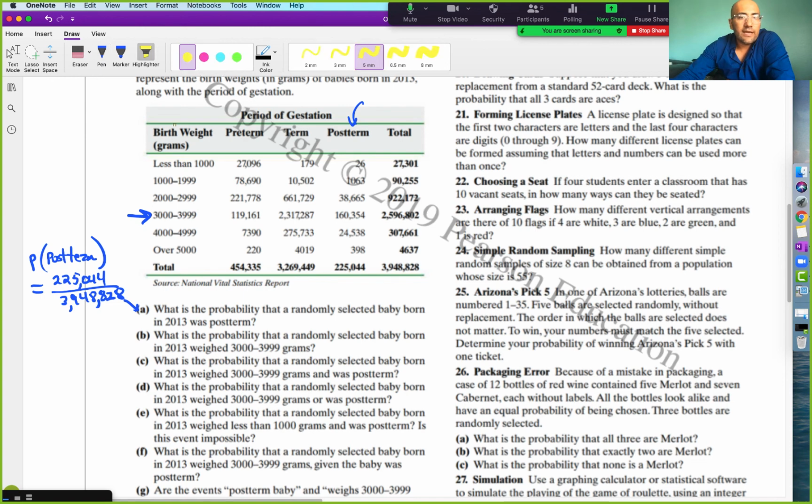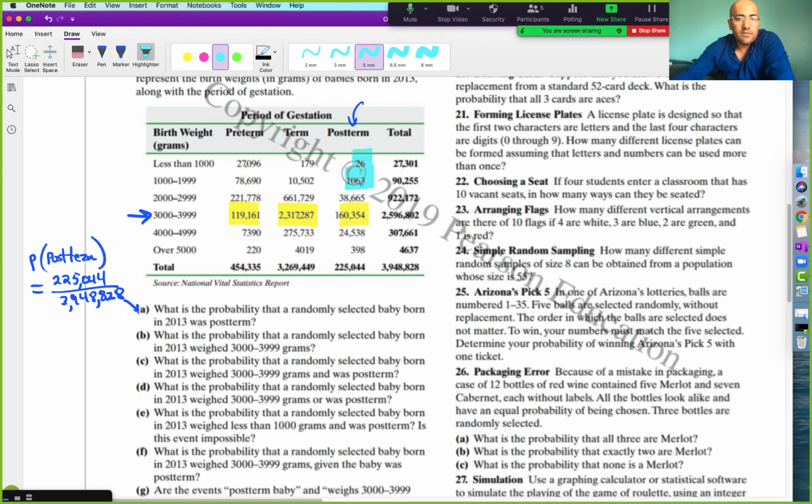Okay, so if we highlight everybody that qualifies under one statement, good. So these represent all the babies that were born with a weight of between 3,000 and 3,999. And then we can also focus on all the babies that were post-term.